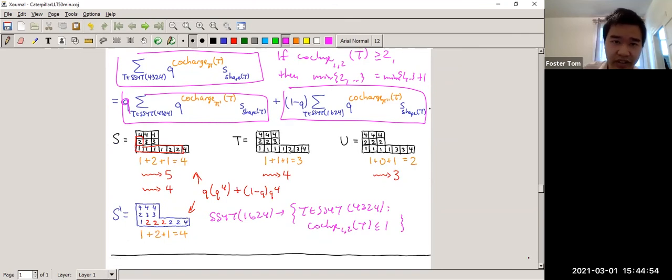And in fact, maybe in this example, you might be able to see this bijection at work. If S has cocharge 1,2 at most 1, what I can do is there'll be 3 ones here that don't have 2's above them, and I can just change those 1's into 2's. So yeah, I fear I might not have explained it too well.